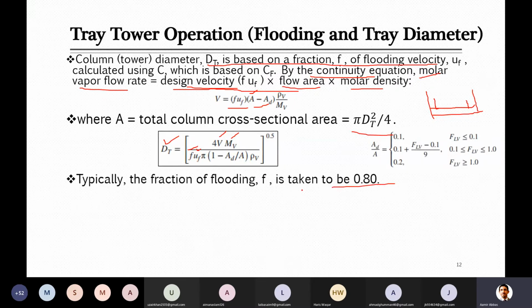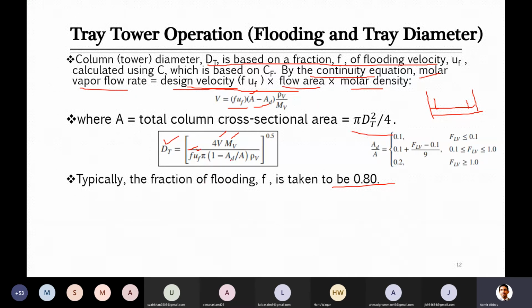Its value can be taken as 80%, which is the point up to which to go for operation of the tower. For example, if the flooding velocity is 10 meters per second, you can take as design velocity 8 meters per second, 80% of the flooding velocity.